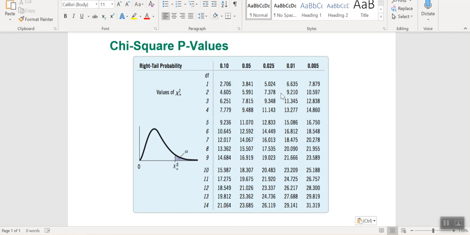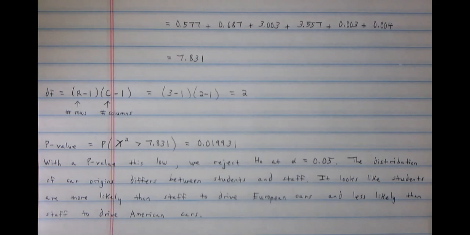So we say here that our p-value is between 0.025 and 0.01, and that's what we saw using the calculator. With a p-value this low, we reject the null hypothesis at an alpha level of 0.05. The distribution of car origins differs between students and staff.